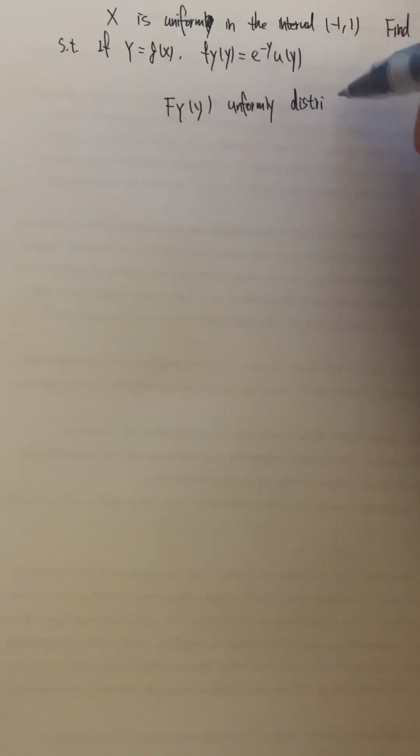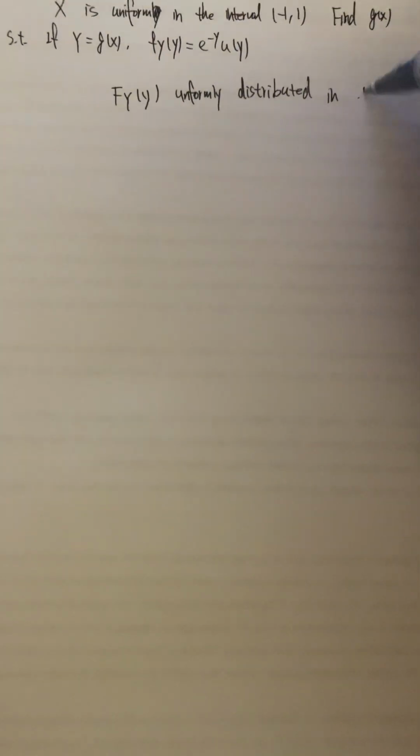So firstly, we can consider that the distribution function of y is uniformly distributed in the interval 0 to 1. So we can know that 0 is smaller than the distribution function of y and smaller than 1.